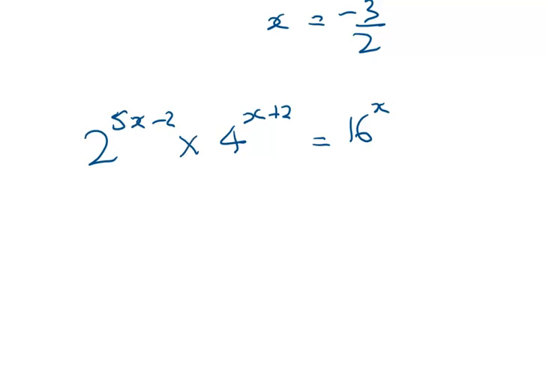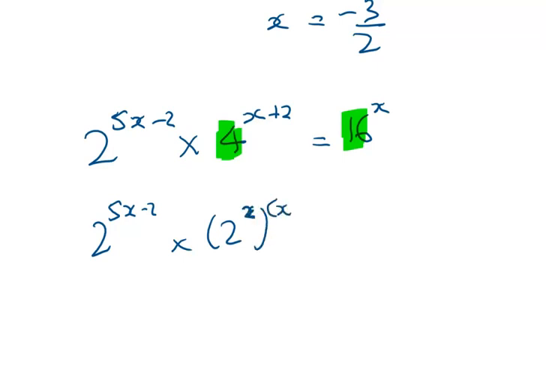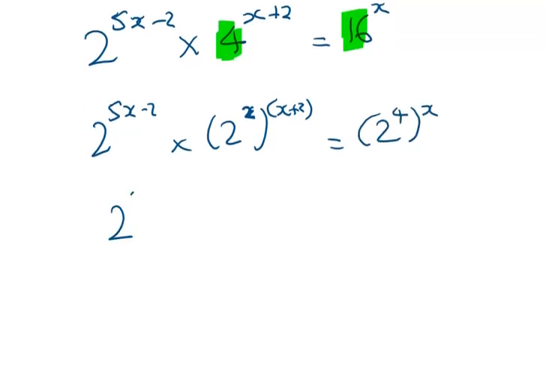Okay, so changing these to be powers of 2, we get 2 to the 5x minus 2 times 2 squared to the power of x plus 2 is equal to 2 to the power of 4 to the power of x. That gives me 2 to the 5x minus 2 times 2 to the 2x plus 4 is equal to 2 to the power of 4x.